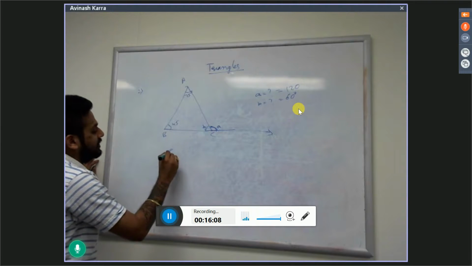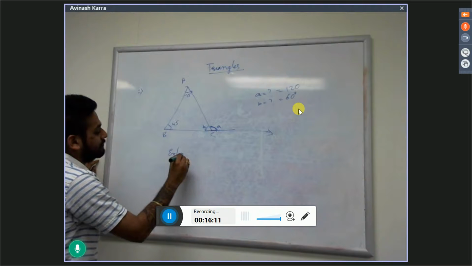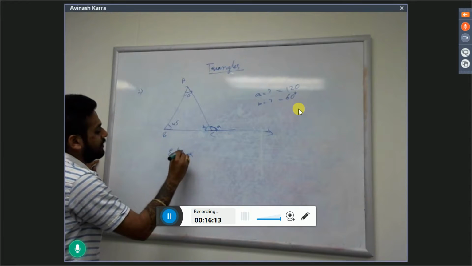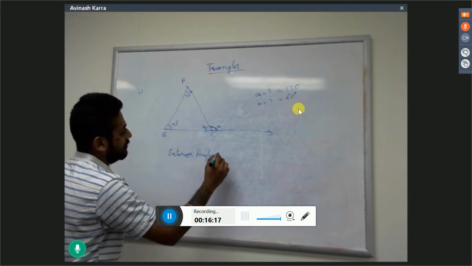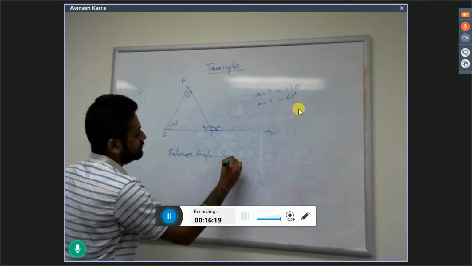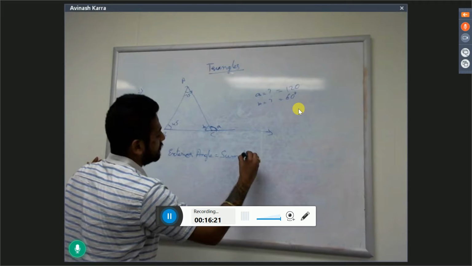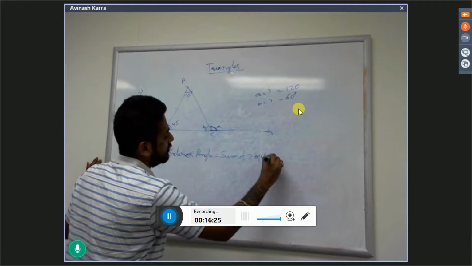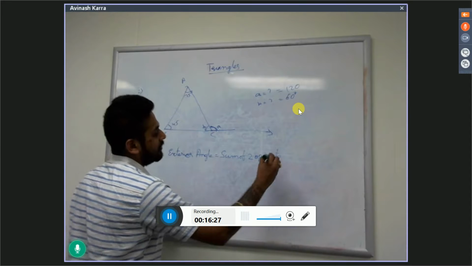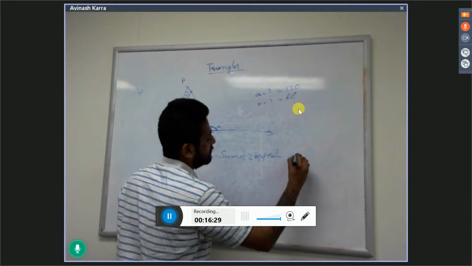Always, the exterior angle is equal to the sum of two opposite interior angles.